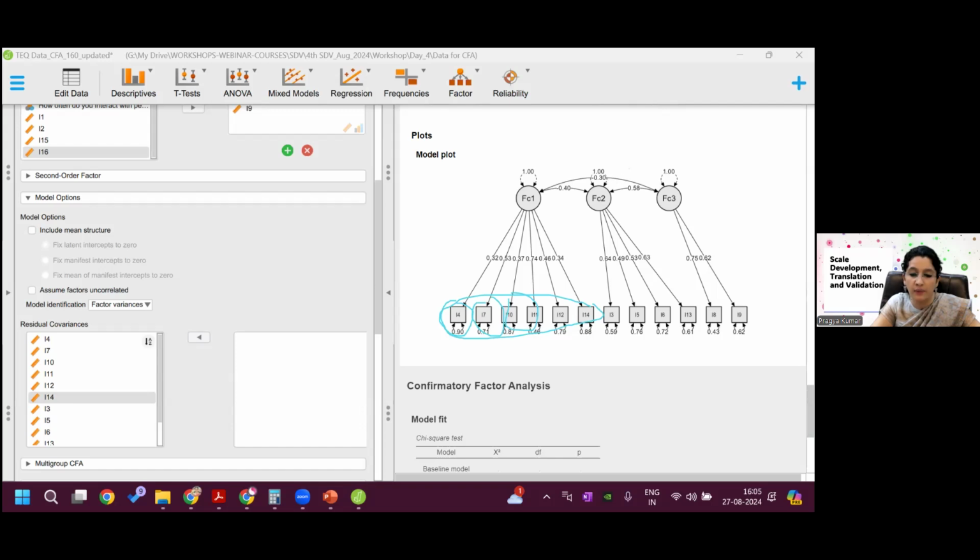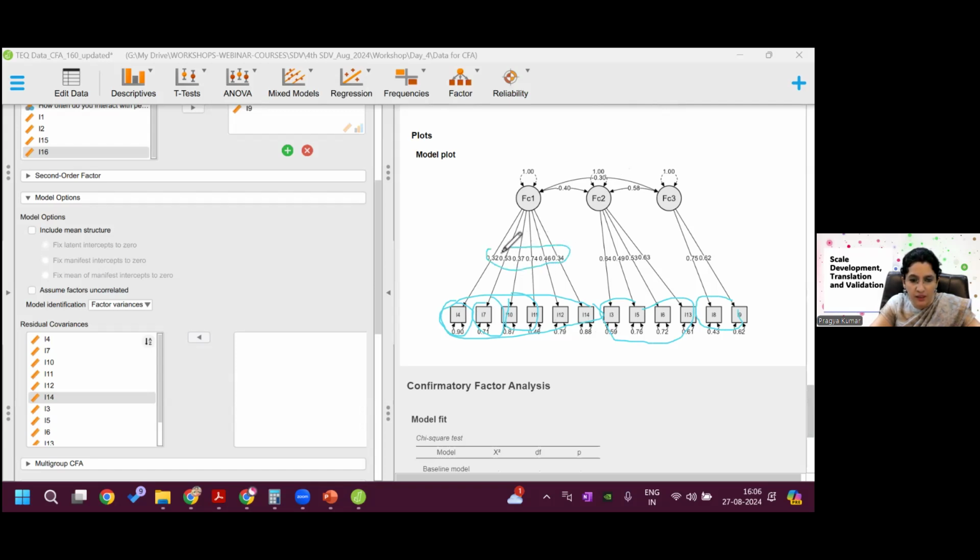Remember, there was a table where I said that all the factor variances will be set to 1. Then items 8 and 9 are on factor 3, and these are all the items of factor 2. These values, 0.9, 0.87, are the error variances, and this is the respective loading of the factors.